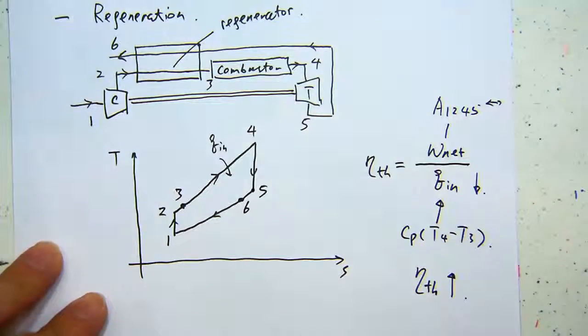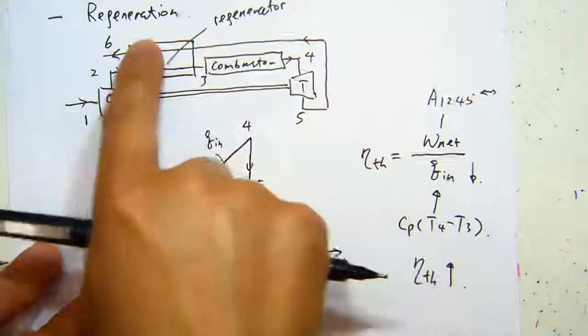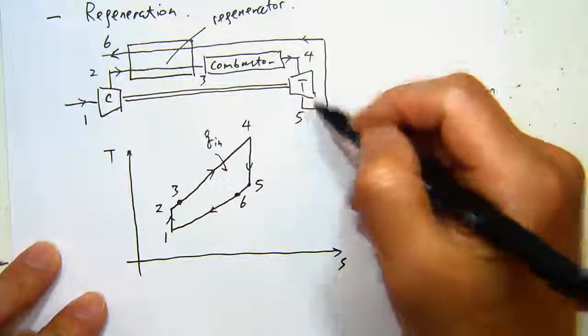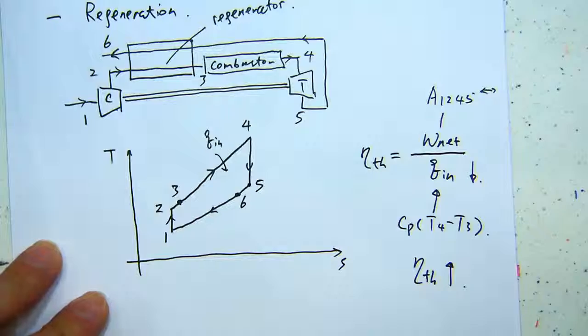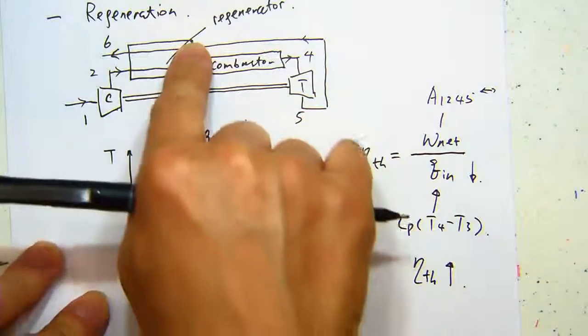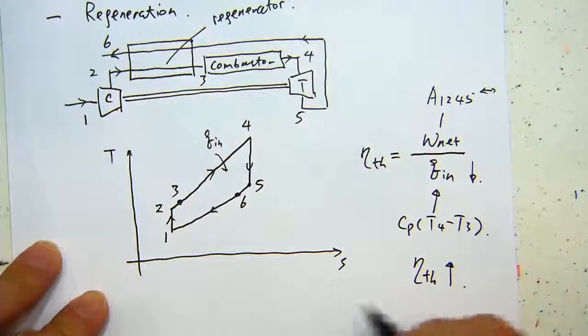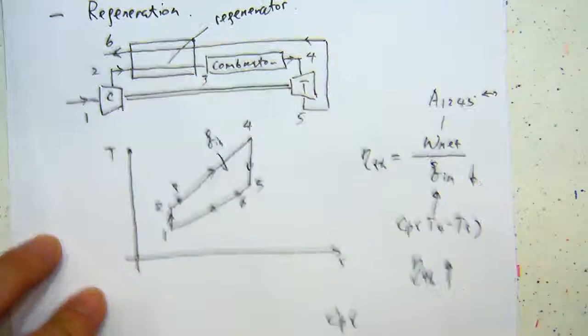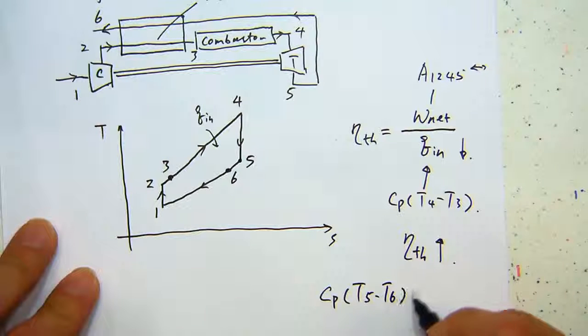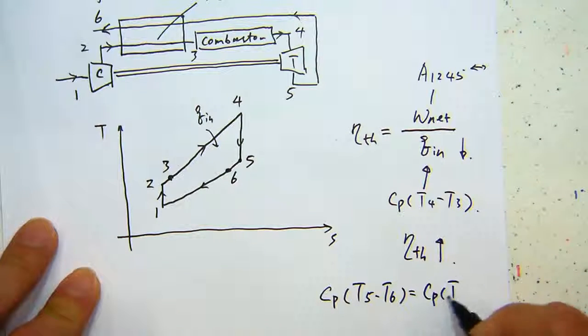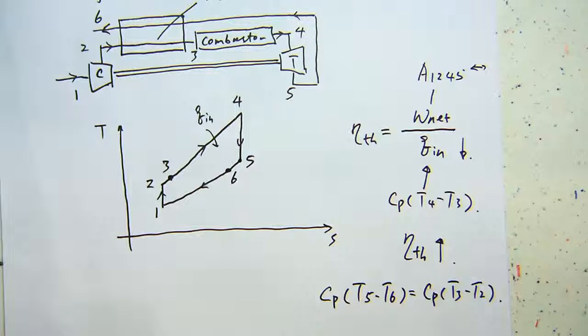If we consider the process ideal, which means there is no heat loss, all the exhaust heat coming from state 5 to state 6 will be given to the compressed air. So in terms of energy balance on the regenerator, you should write Cp (T5 minus T6) equals Cp (T3 minus T2). That's the energy balance that you need to apply for the heat exchanger.